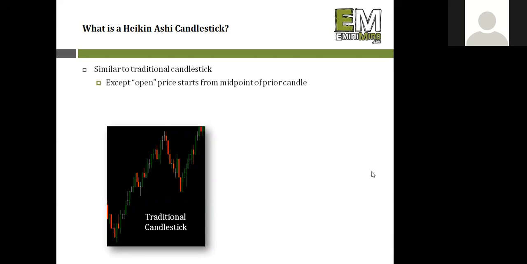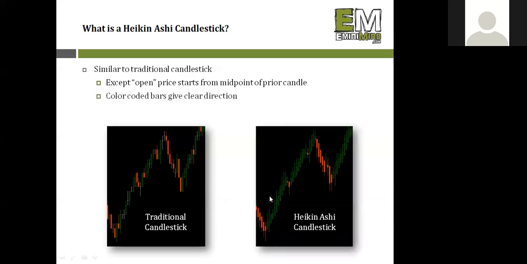A Heikin candlestick, instead of that open being the opening of where that candle opens, it starts at the midpoint. So you have the high, low, close, and the open is swapped out for the midpoint of the prior candle. So this is the same time frame, only on the right, you've got the Heikin candlestick.